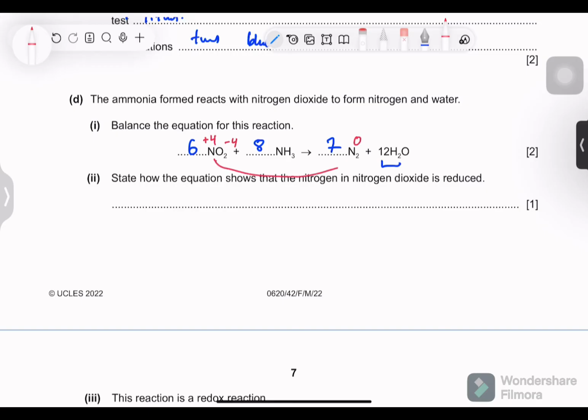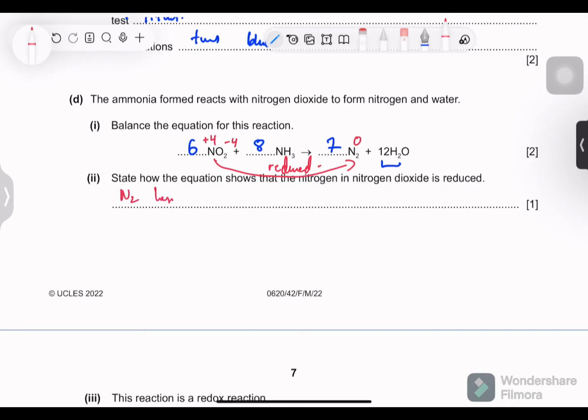So if you look at this, it has reduced. Why? Because the oxidation state has been reduced. Or maybe you can just say that the oxygen has been lost. Both will be correct. The oxidation state has been reduced and the oxygen has been lost.